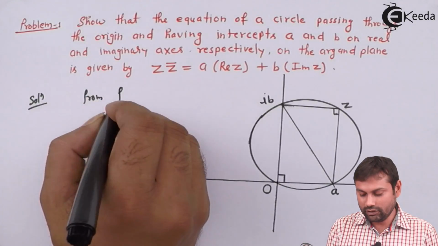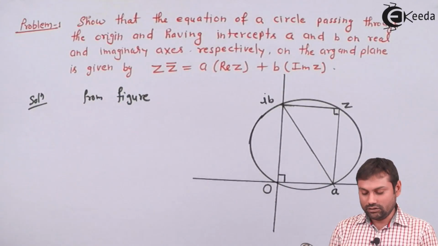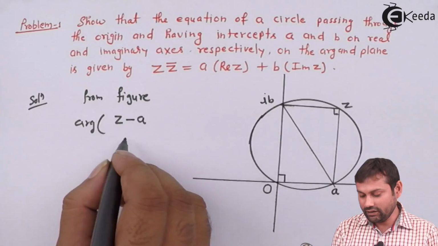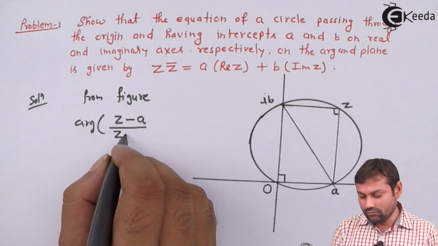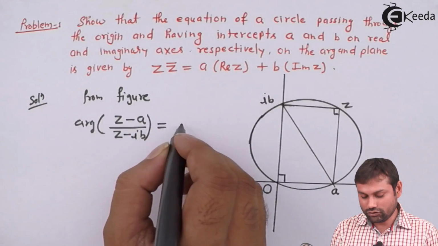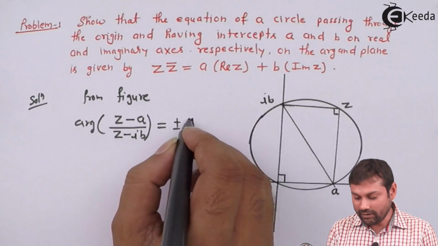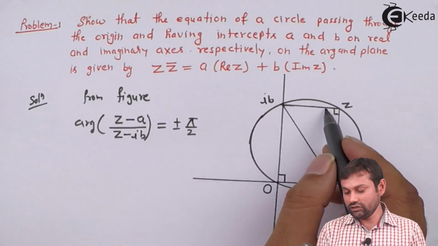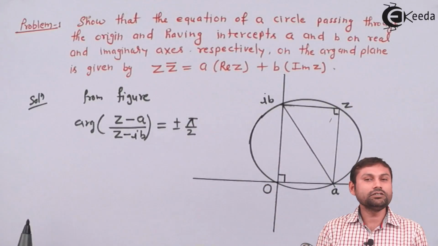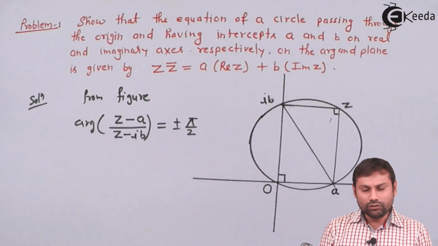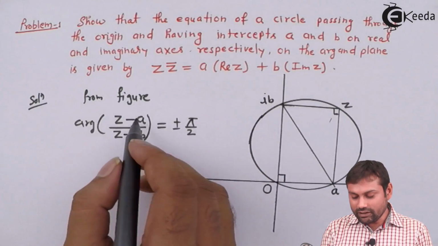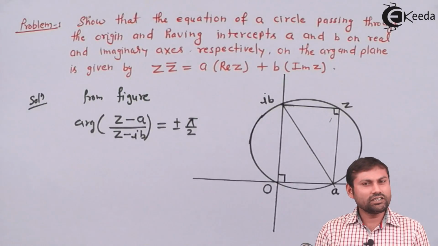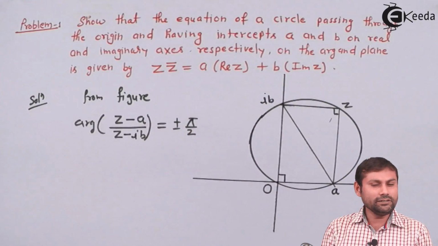So from the figure you can see that the argument of (z minus A) upon (z minus iB) is equal to plus minus pi by 2, because this angle between z minus A and z minus iB is plus minus pi by 2. So definitely (z minus A) upon (z minus iB) is an imaginary number, it will lie on the imaginary axis.